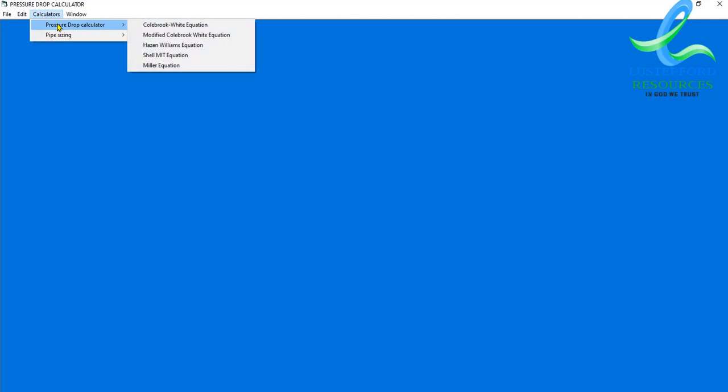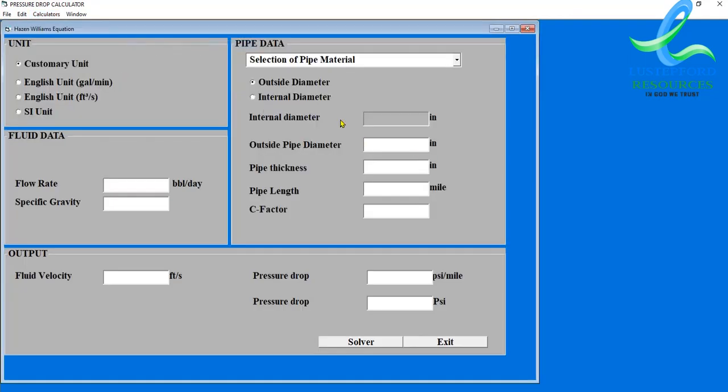Now the first one, they say we should use example equation.